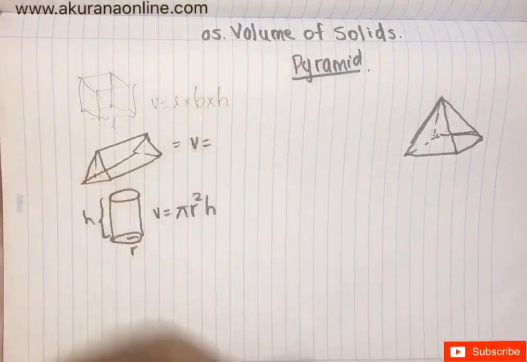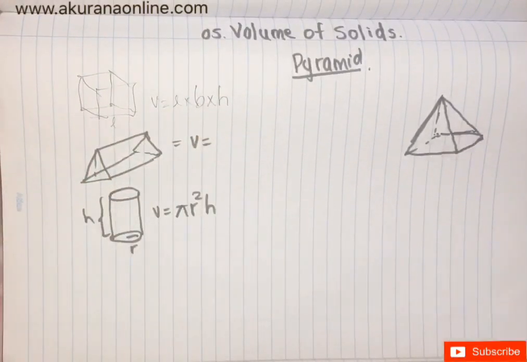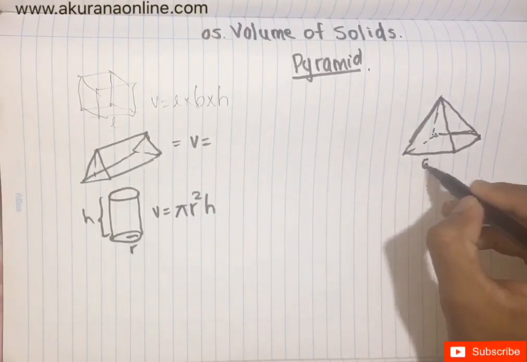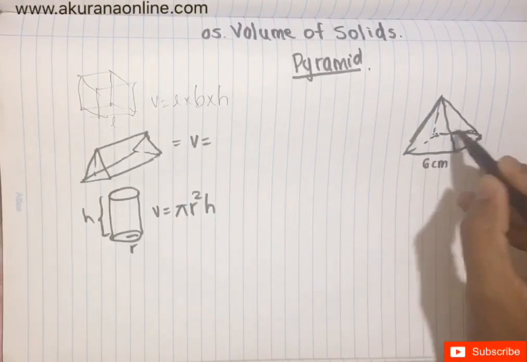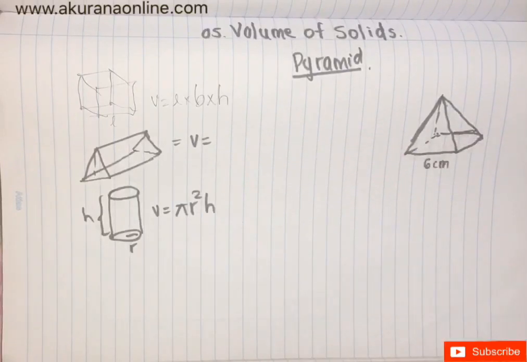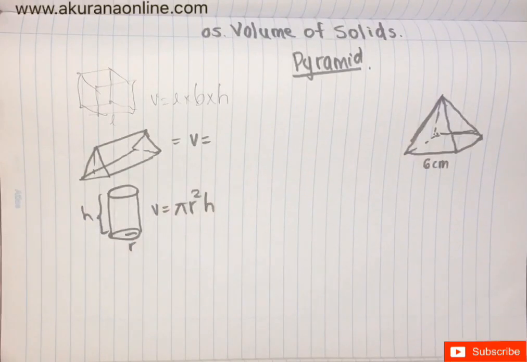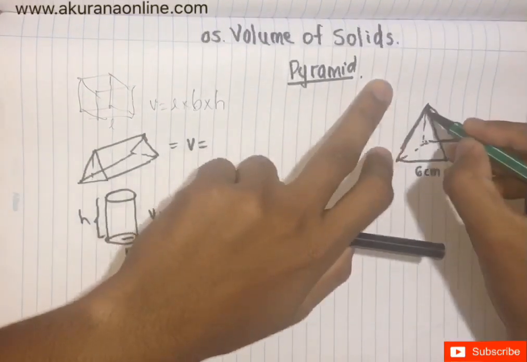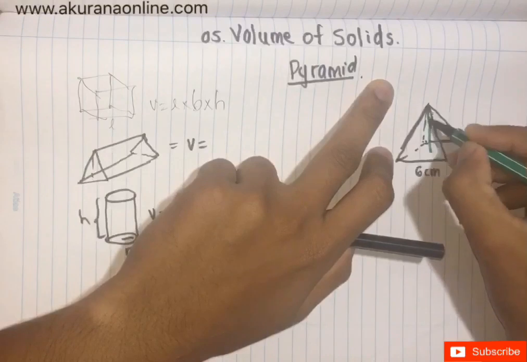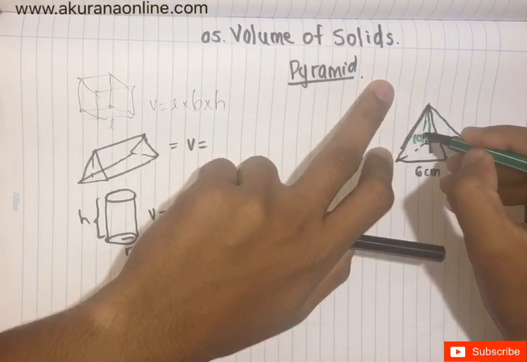Now here, let us say the side length is 6 centimeters. It has a square base, so all these sides will be 6 centimeters. Also let us say the height of the pyramid, that is this height, not this slant height, the normal height, is equal to 10 centimeters.